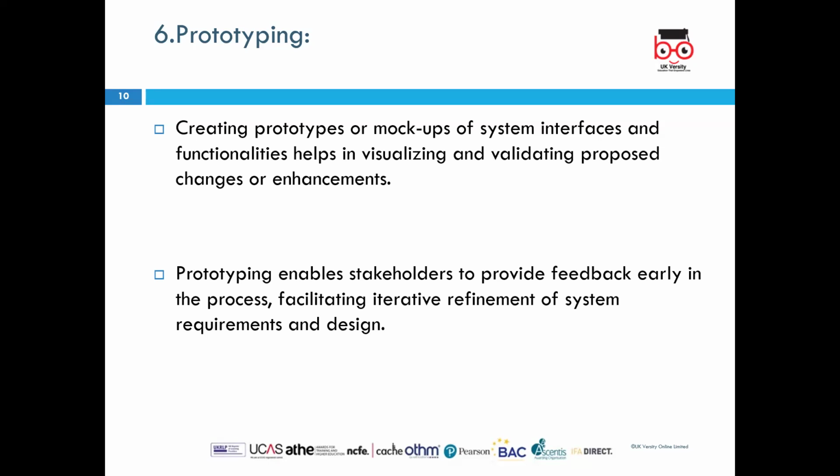Also, it is important to have functional decomposition. So what do we mean by functional decomposition? We're going to break down the system into smaller, manageable functions or processes. This can help us to understand the system structure and identify all components and their relationships.